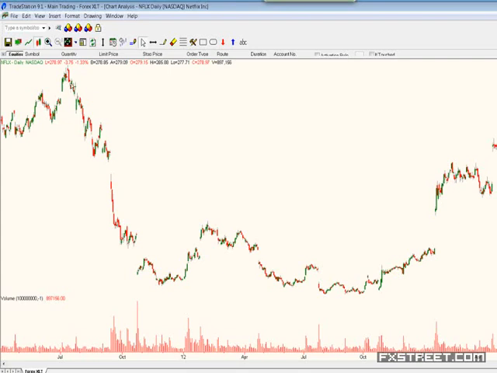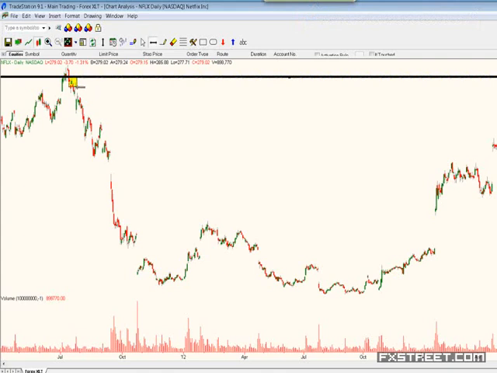Okay. Notice this level over here. This is the level that traded off of. Again, this one, just another options position, bearish. Nothing short. These are not short-term day trades. These are all longer-term stuff.